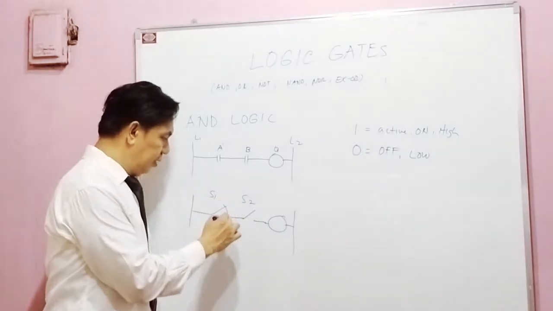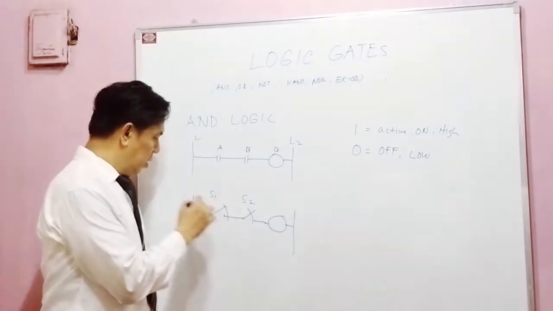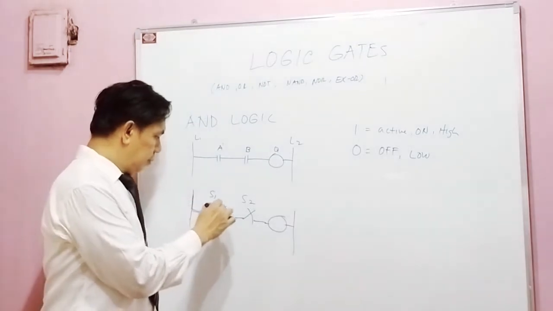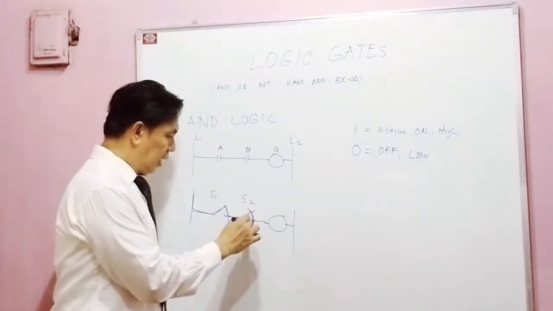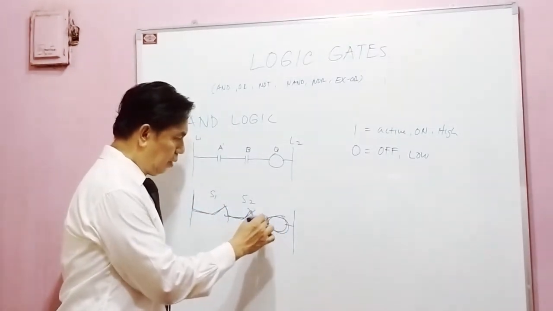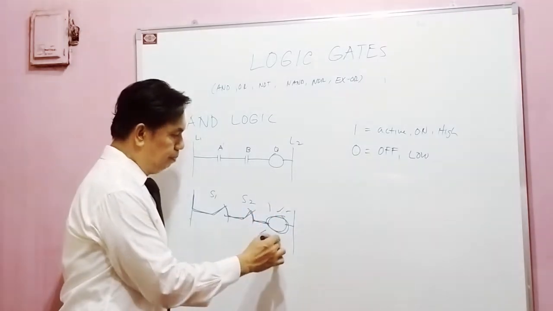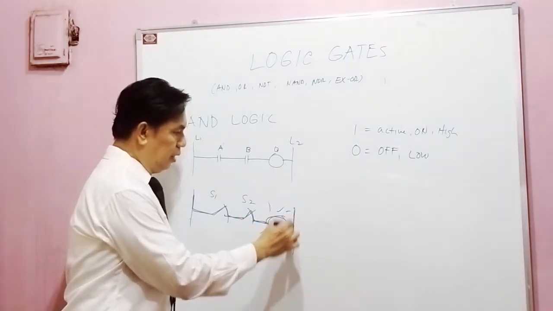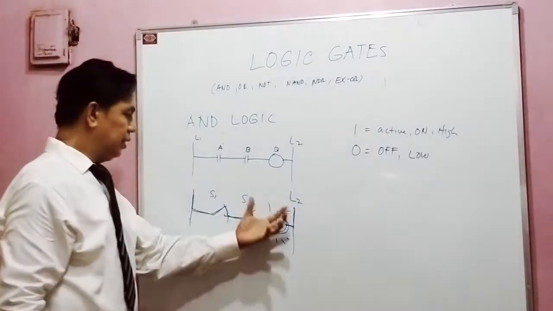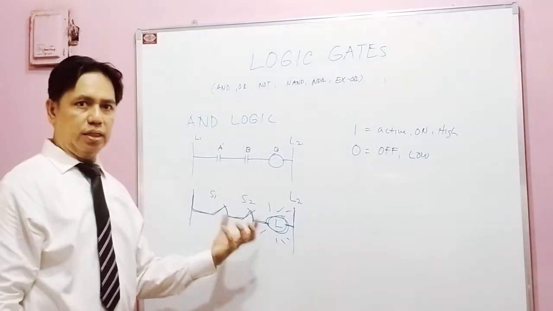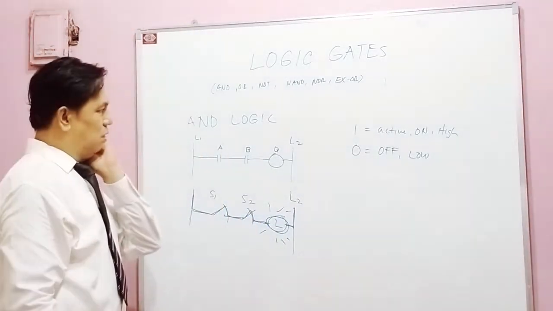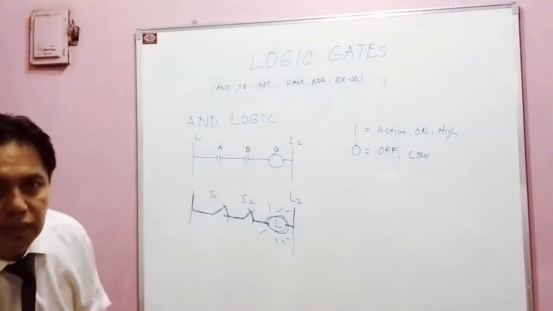For example, if I turn on this, the power or electricity can flow here and then energize the lamp. And then it goes to line 2, which is basically a closed circuit. And that is the meaning of AND logic.